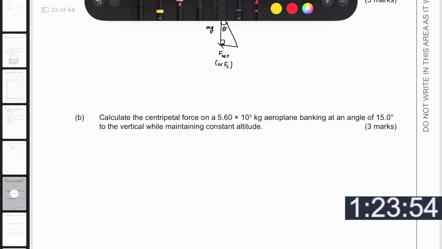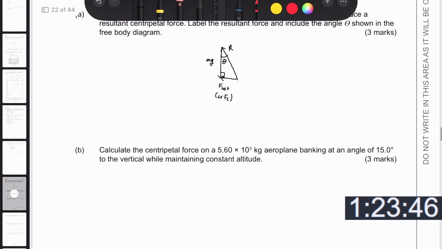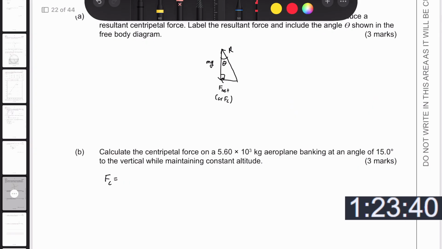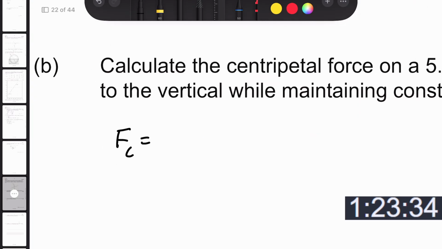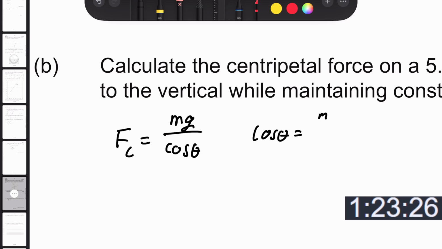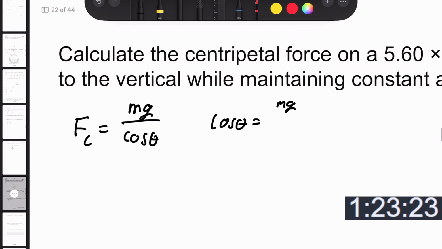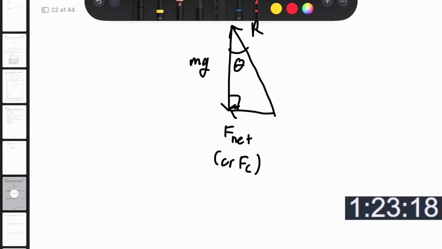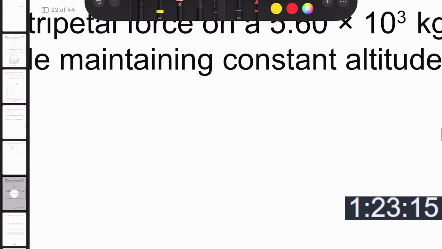Calculate the centripetal force on a banking angle of 15 degrees to the vertical while maintaining constant altitude. So then FC is equal to mg over cosine of theta, because cosine of theta equals mg, well no, tan of theta. Oh wait, hold on, let me get this right. Tan of theta equals opposite over adjacent. So for Fg, I just have to times it.